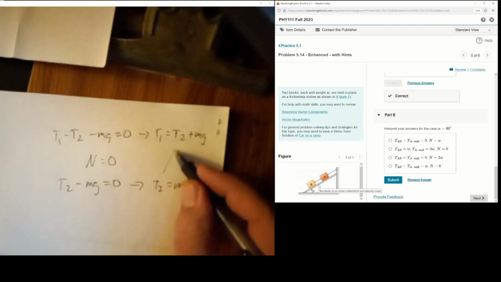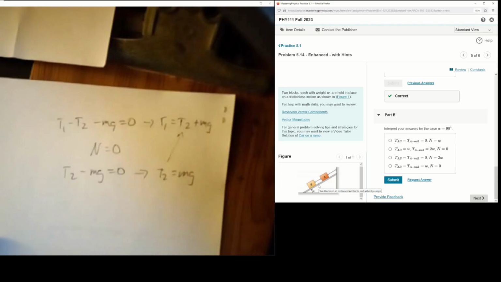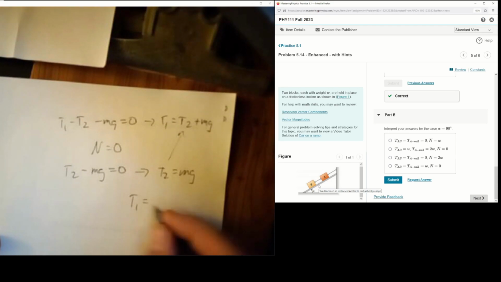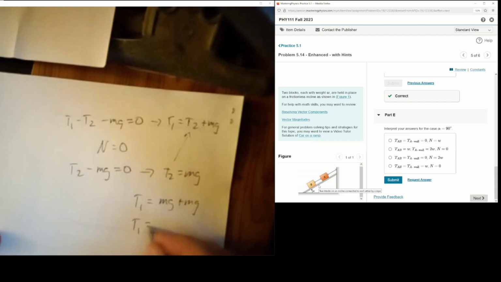And since tension 2 is also mg, we get T1 equals mg plus mg. So T1 is 2 times the weight.